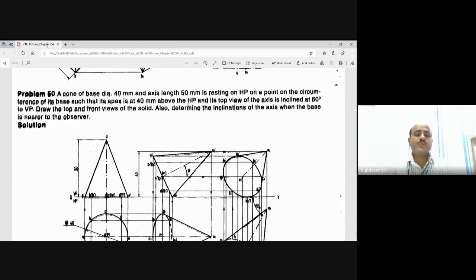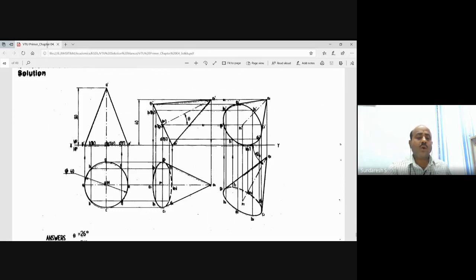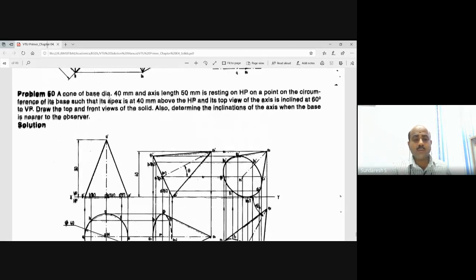So this is a problem on a cone. Basically a cone is a solid of revolution formed by a right angle triangle. When you are starting with a cone, its top view will always be a circle of the given base diameter.